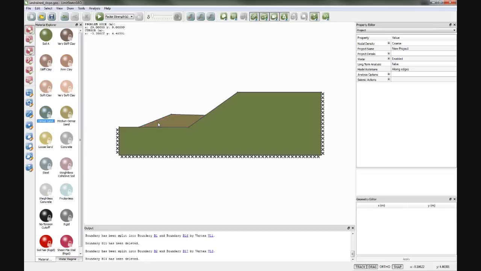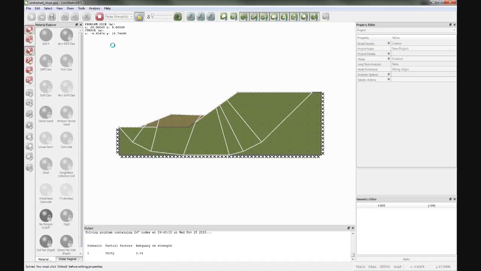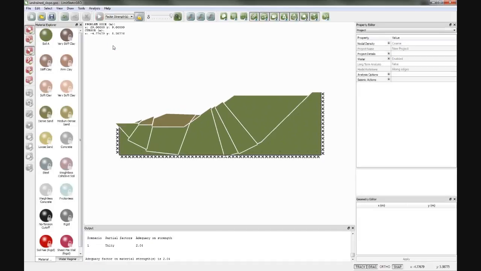Let's say, for the purpose of illustration, we make that of a dense sand. So now I've loaded the toe. If I click solve, I get a similar mechanism, but we've kind of suppressed the original one, and the adequacy or the factor of safety on strength has gone up to 2.04 when before it was 1.75. So that might be sufficient.